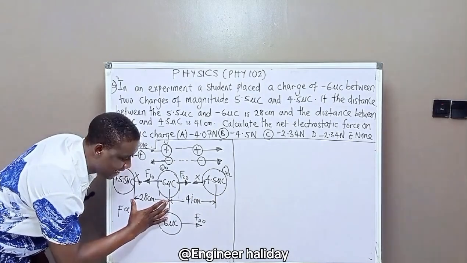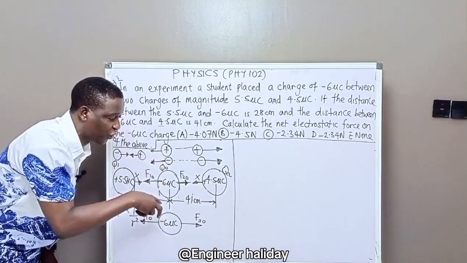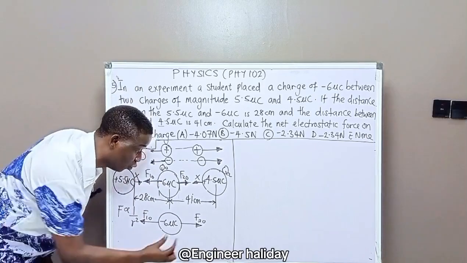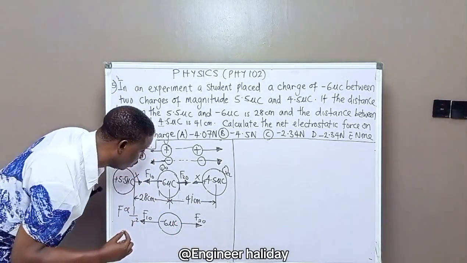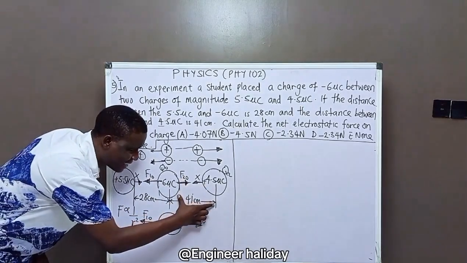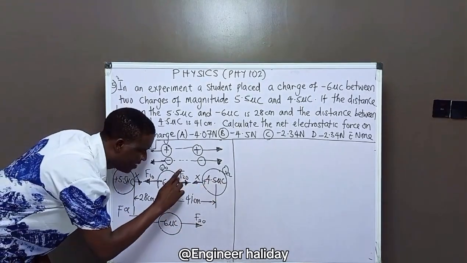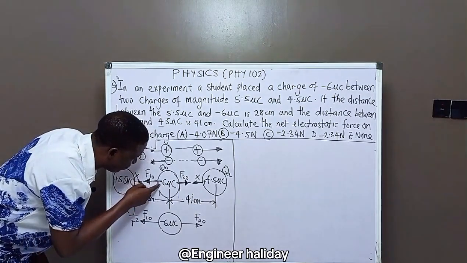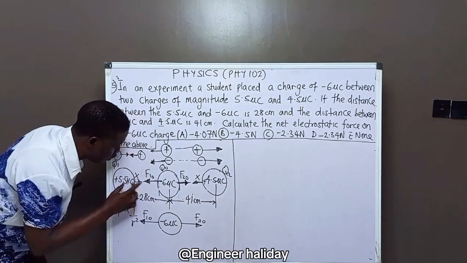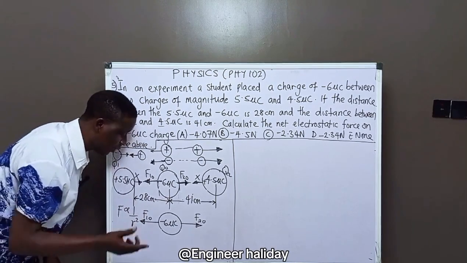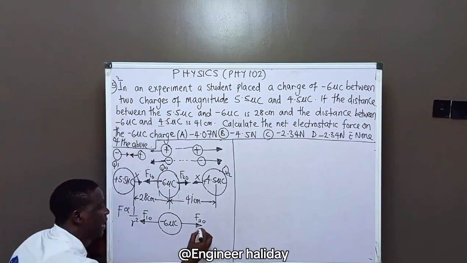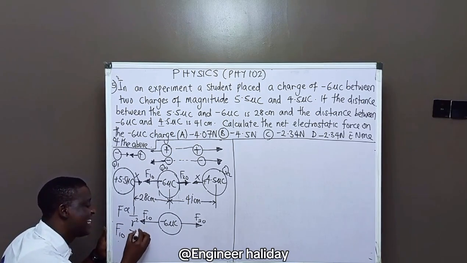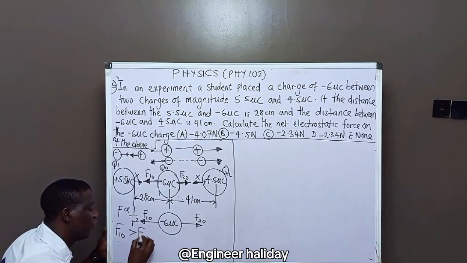Therefore, F10 creates a more attractive force on the -6 microcoulomb than F20, because the distance from the charge influencing it from the left is 28. Therefore, we can conclude that F10 is greater than F20.